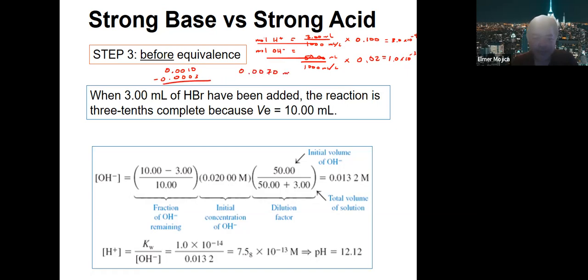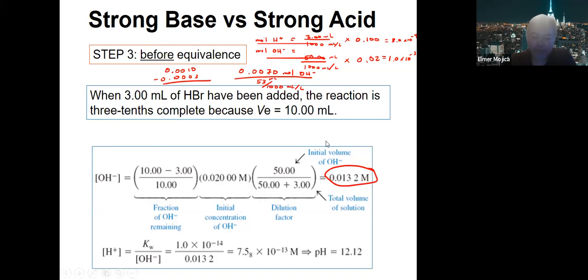0.0007 moles of hydroxide divided by the total volume, which is equal to 53 divided by 1,000 liters. So what do you get there? You get the same amount as this one, right?